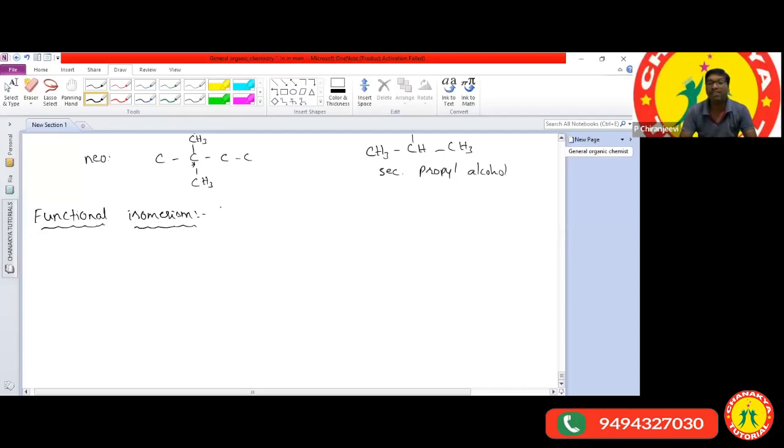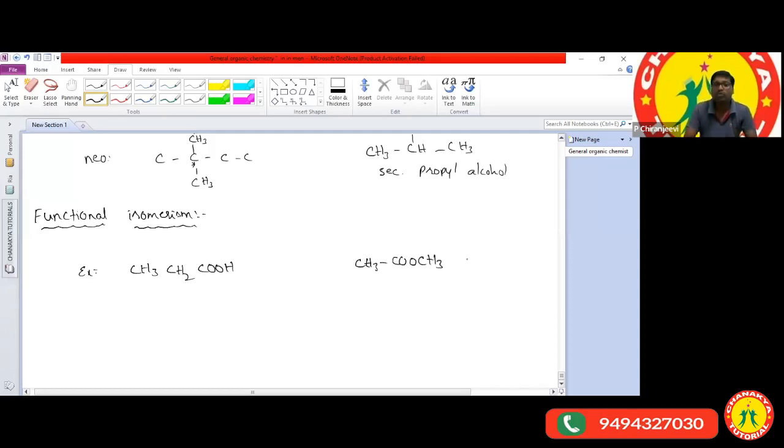For example, how can we identify whether the given structure is an aldehyde or not? I'll write one structure here. For example, CH3, CH2, COOH I wrote. Now, one more structure I'm writing: CH3, COO, CH3.